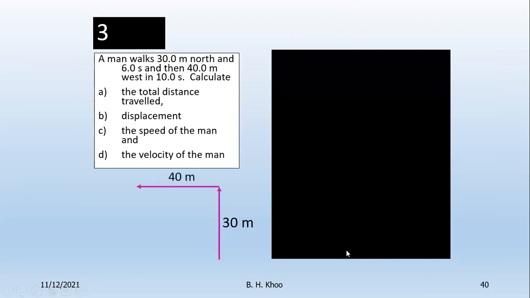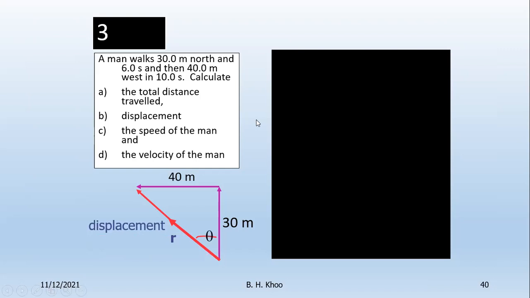Okay, same picture as before. Displacement, we are interested in where you start and where you stop. Where is your displacement? R, the resultant vector. These two vectors, there's a vector, there's a vector. R, the resultant vector, is the displacement. Right?